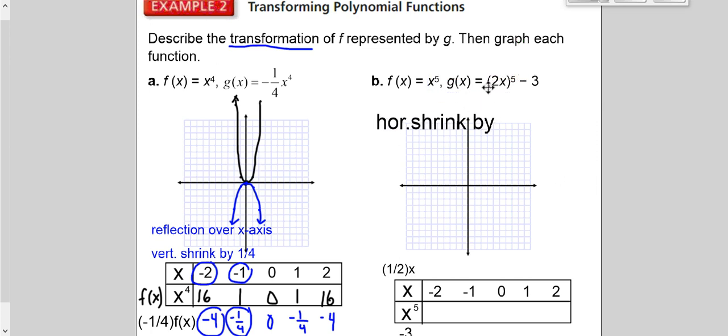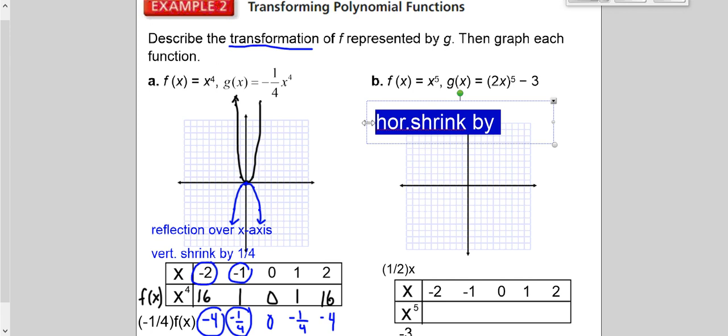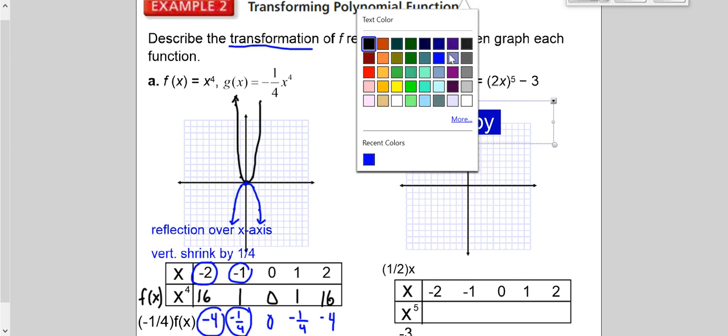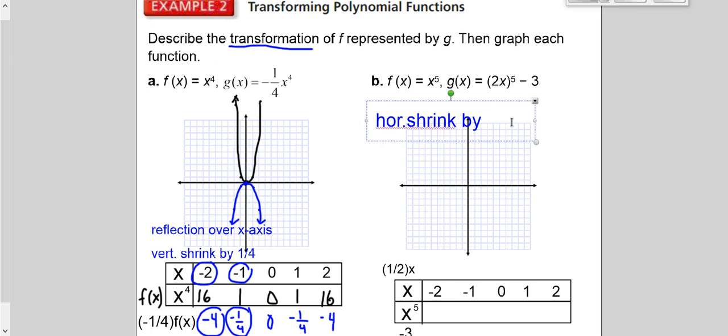What is the reciprocal of 2? That's right, 1/2. So it's a horizontal shrink by 1/2. And then what does the -3 do? Vertical translation down 3. So we've got our two transformations.